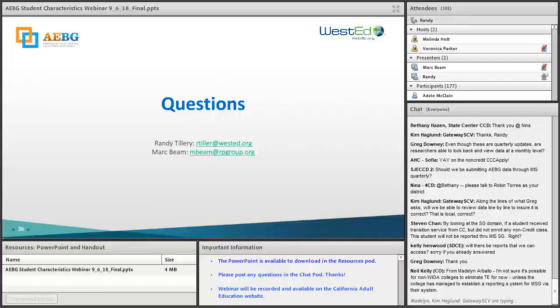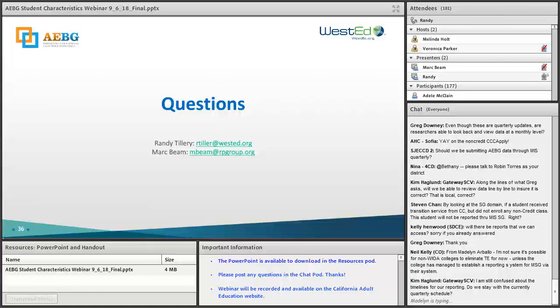Will there be reports that we can access? So the launch board is available to all the practitioners. You can go get a log on, and then we are also looking, I should add, we're having discussions about building some export features for the adult education data in the launch board tab, because we think there's going to be specific views practitioners might want to see.